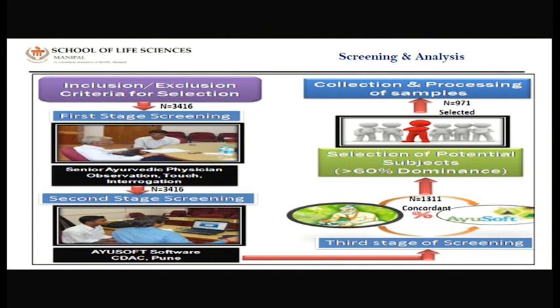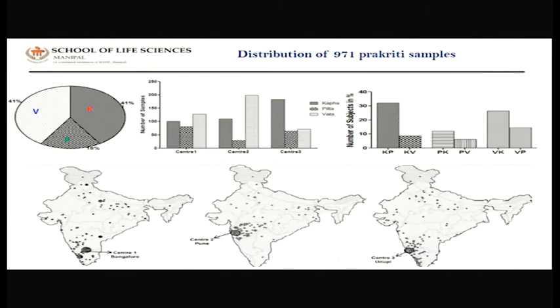We recruited approximately 3,500 individuals to the study from the various centers, and then the Vaidya did the assessment of the Prakriti, and the software also did the assessment independently, without knowing each other's result. Subsequently we selected approximately 971 individuals who are of a dominant Prakriti of a given Vata, Pitta or Kapha phenotype. So what this map shows is the individuals selected from different parts of the world, and the distribution of Prakriti that is seen in the three different centers.